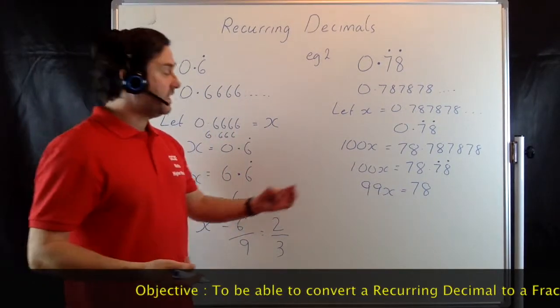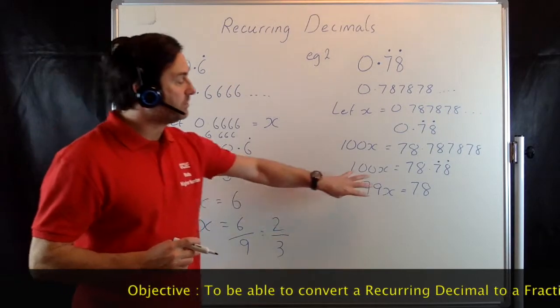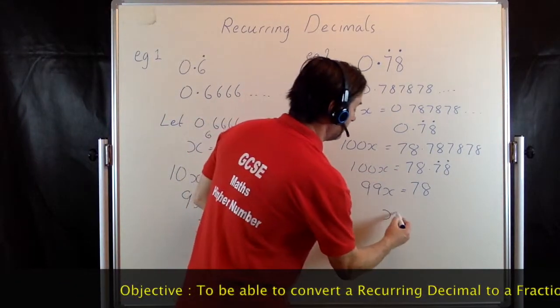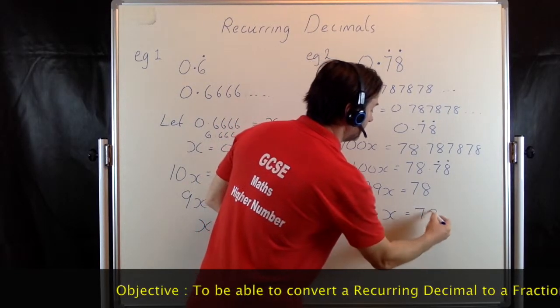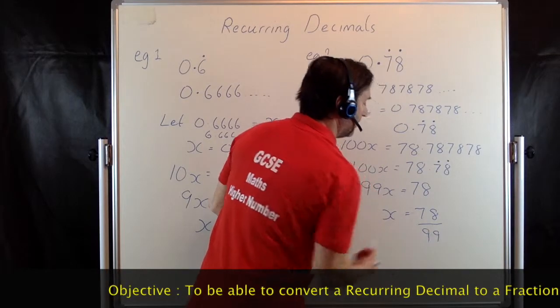And then again, if I move the 99 over to the other side, I'm multiplying on this side, I'll be dividing on the other side, I'm going to end up with x equals 78 over 99.